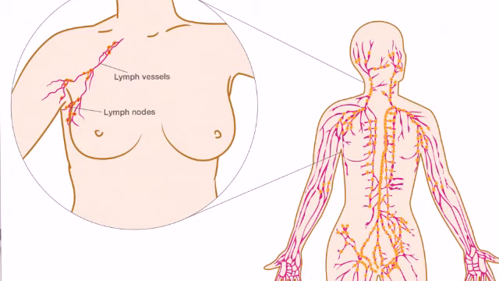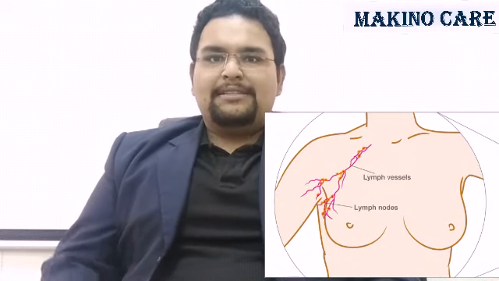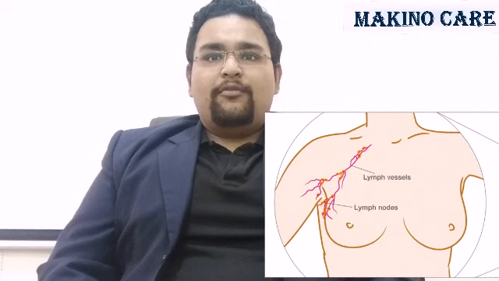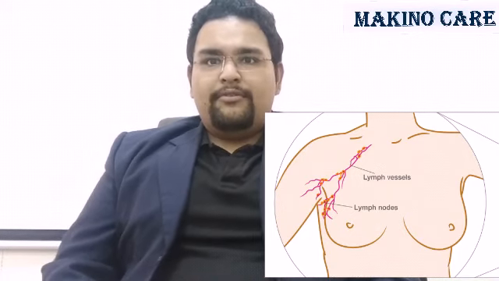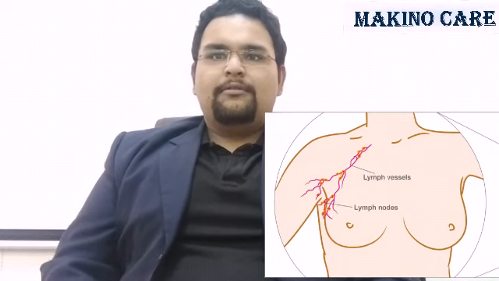Basically, it is related to the treatment of breast cancer, and it occurs because of the disruption of the axillary nodes or axillary bed by the removal or excision of lymph nodes, or the radiation therapy to the area. So patients who are undergoing these kinds of procedures are at lifetime risk of developing lymphedema.